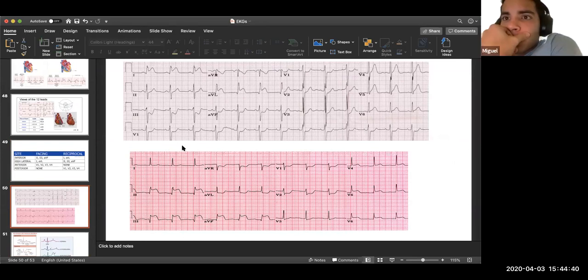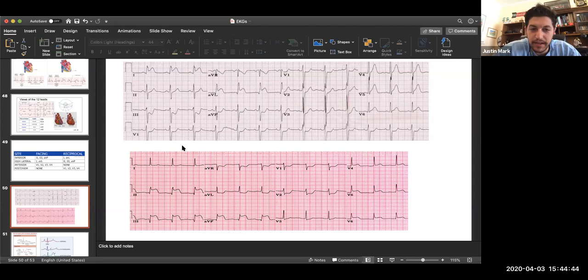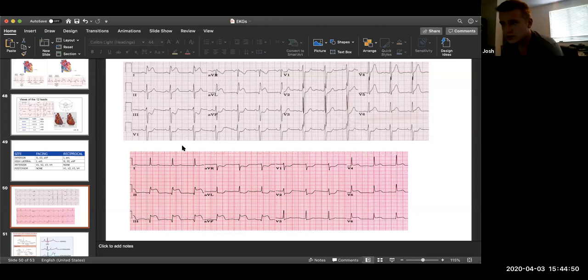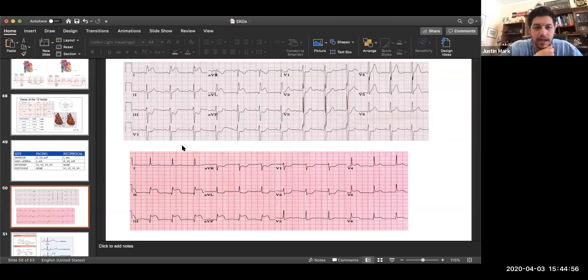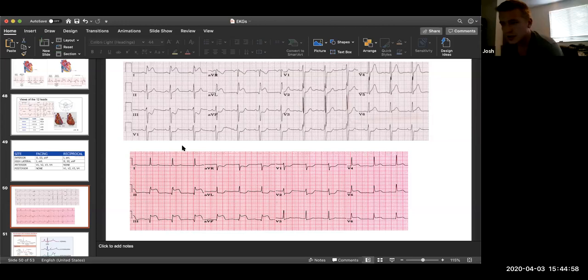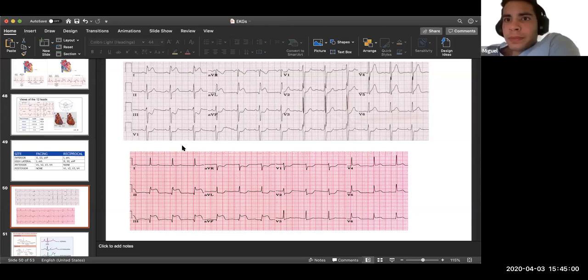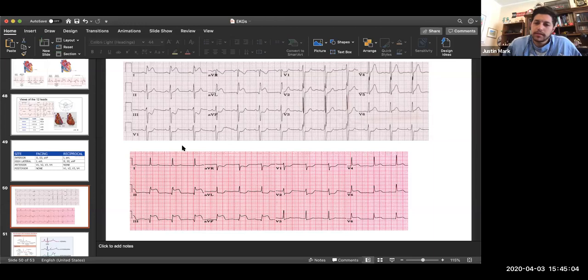It's normal, a little bit above 75. That's fine with me. And then the rhythm? Normal, regular sinus. There's a P wave for every QRS, so that's good. Oh, axis, sorry. Just shout out whatever.